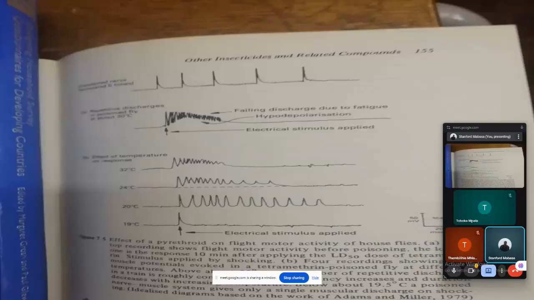So you have a different wavelength, as a result of the presence of the insecticide. People may use these signals to check the levels of poisoning in an organism.